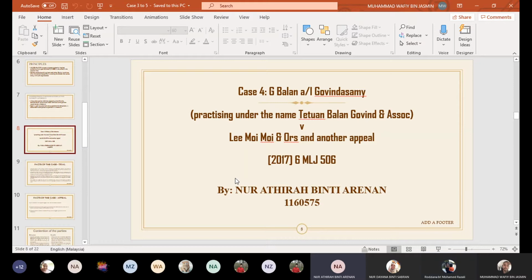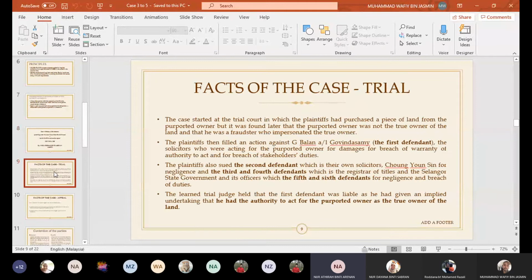Thus, in this case, the defendant is not liable for breach of warranty of authority because he cannot be, as under the law of agent and principal, the general rule is that an agent cannot be made personally liable to the third party who contracted with him.